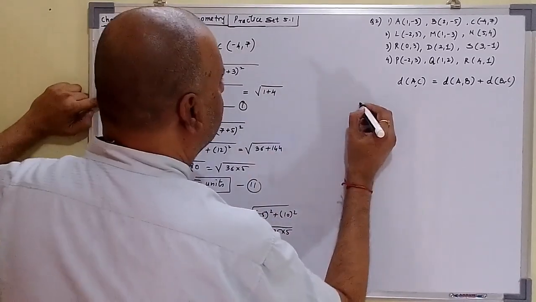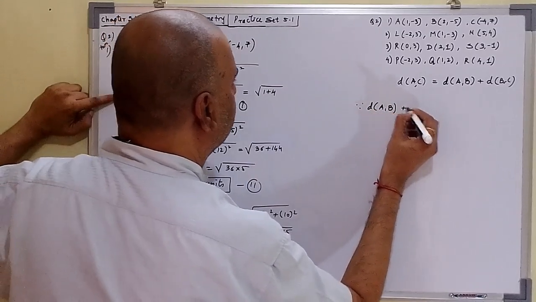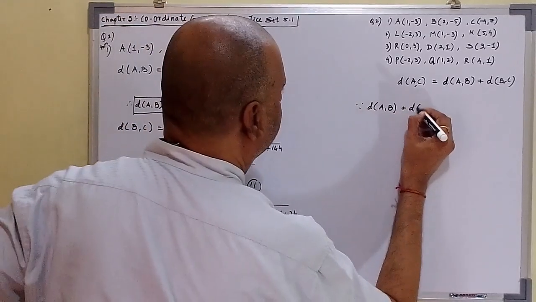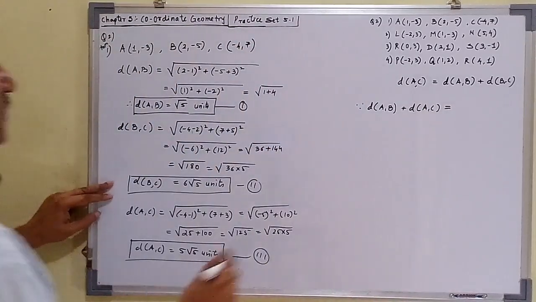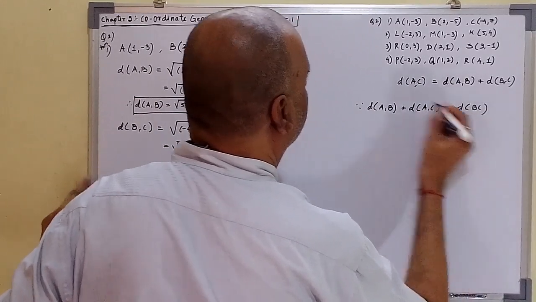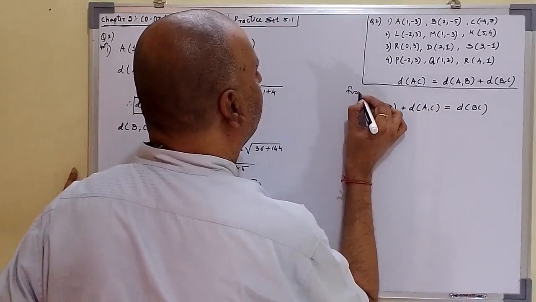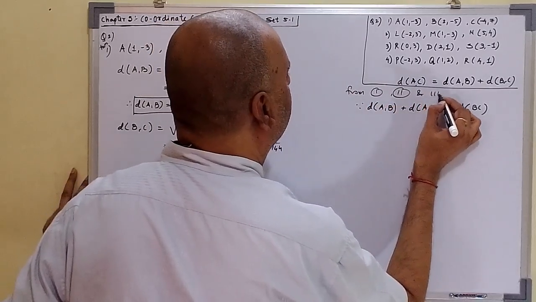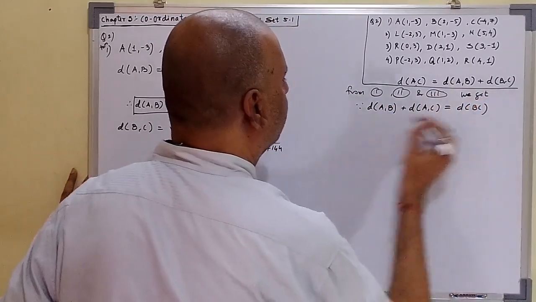So write, since distance AB plus distance AC is equal to distance BC, from 1, 2 and 3 we get this.